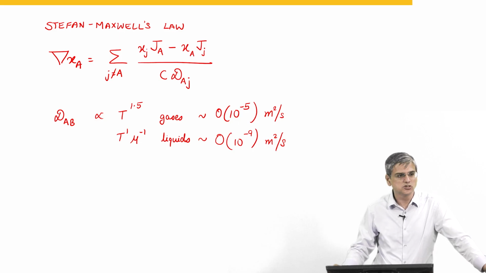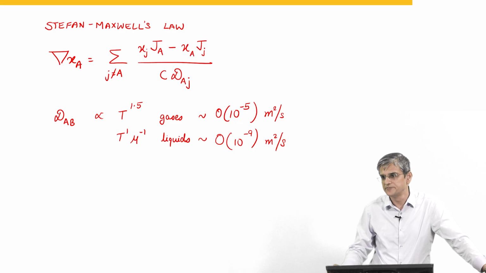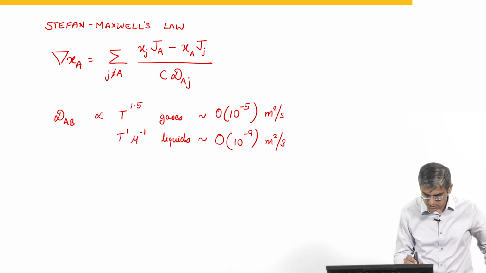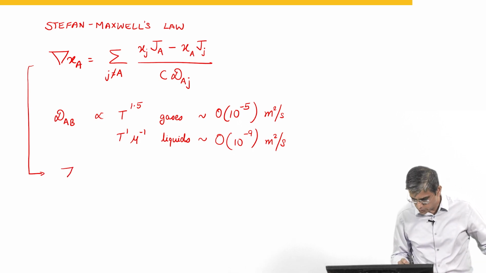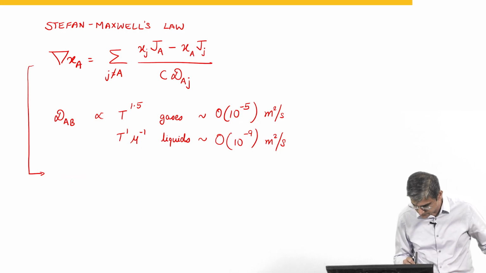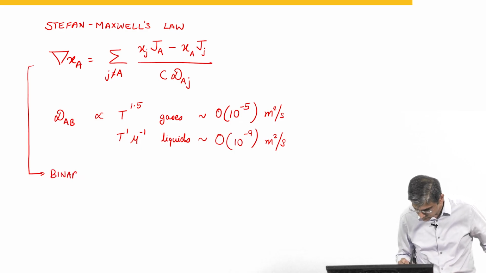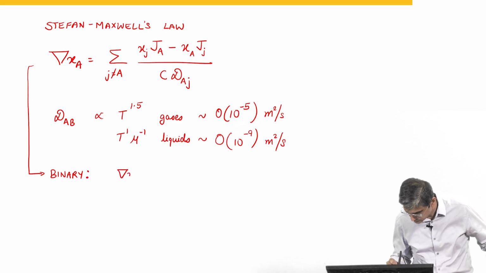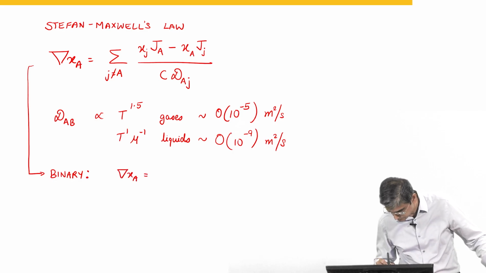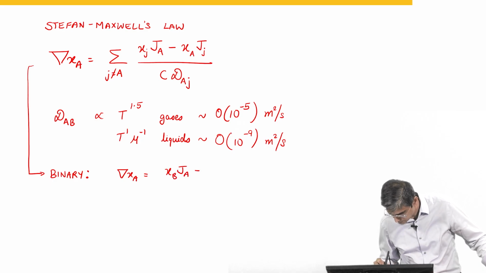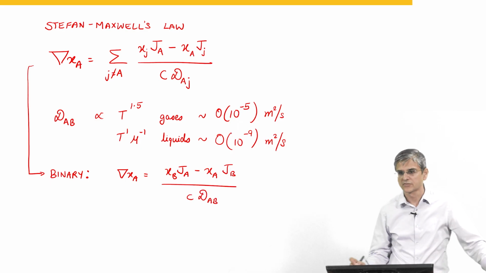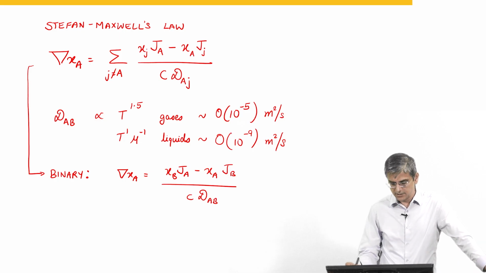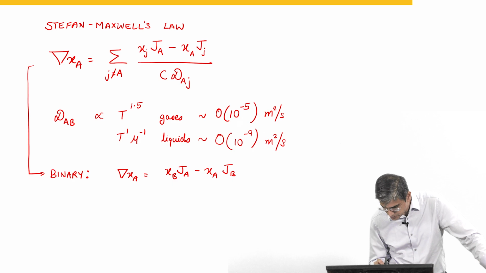So these are the things that you can use. Stefan-Maxwell, for the most part, you won't really need. But from Stefan-Maxwell, what we can use is, if it is a binary mixture, for binary, CDAB you can take over here.